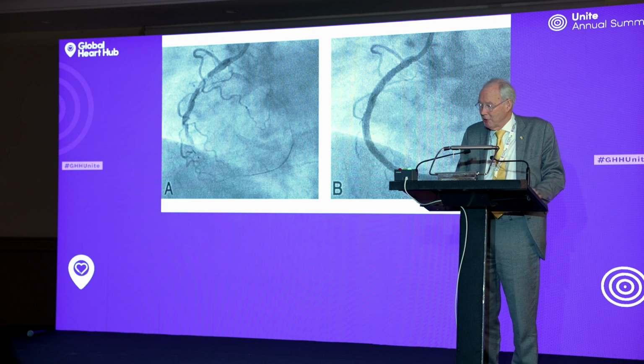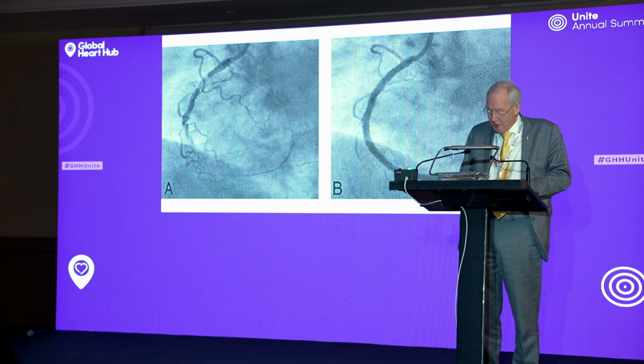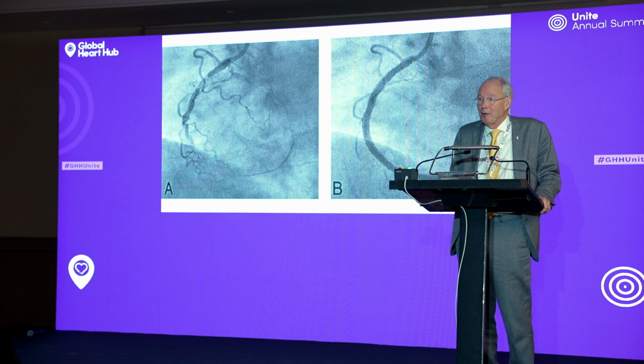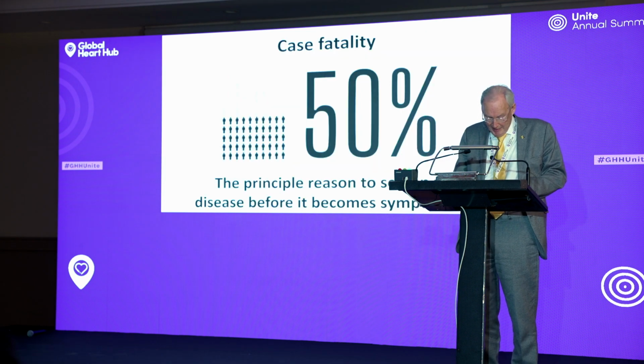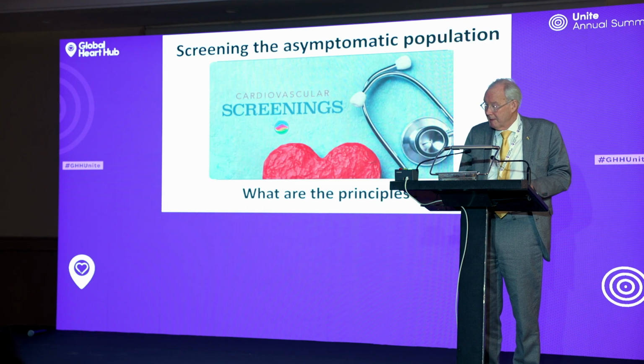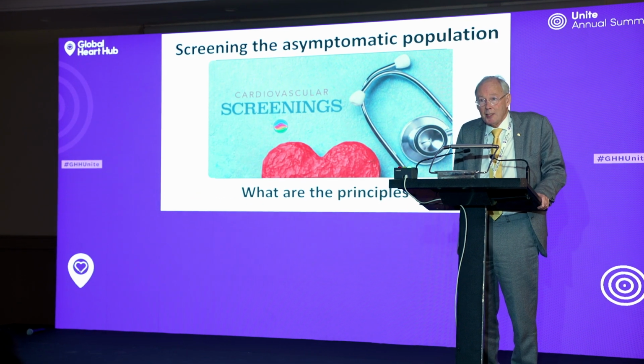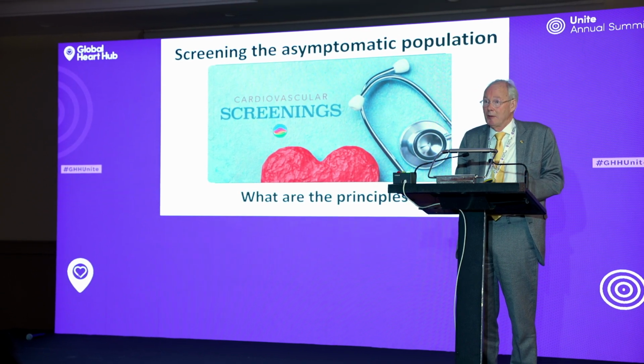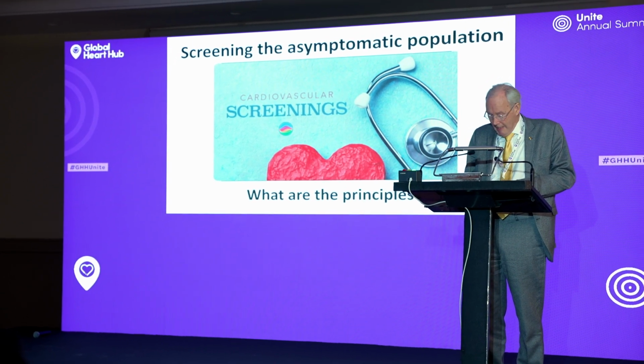The picture on your left shows the right coronary artery with a blockage halfway down, and then the blood flow restored with angioplasty and stenting. And this is truly life-saving, but actually it doesn't address the underlying pathology of atherosclerosis.